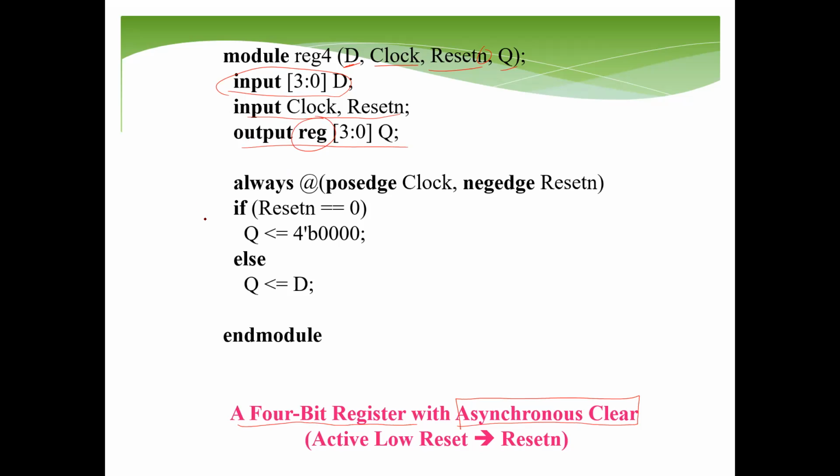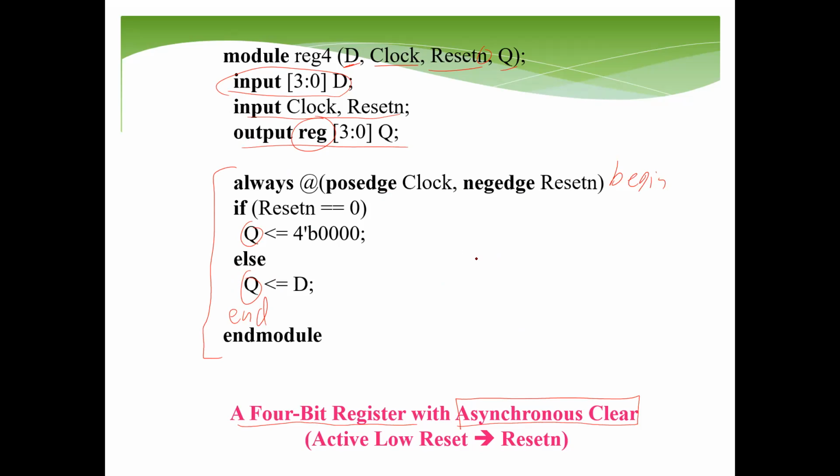Don't forget to declare this as a reg as well, output reg, because the value of Q will be changed and updated inside an always block. Anything you do inside an always block, you should declare as a reg. I think there is something missing in this code. This should have begin and end here.